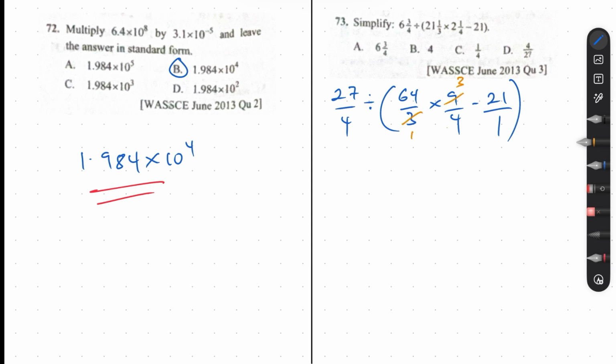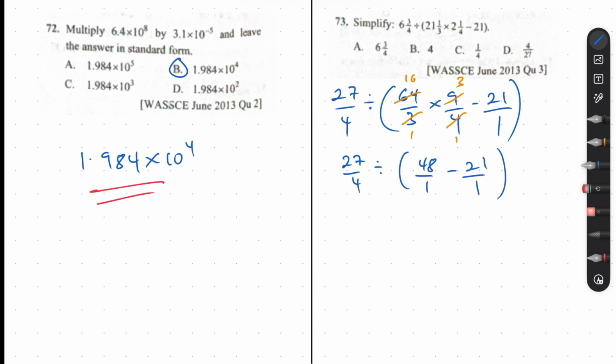Cool. 4 goes here once and goes here how many times? 16. Okay, all right. So now what are we left with? We are left with 27 over 4 divided by, let's put our bracket, 16 times 3, which will give us 48 over 1 minus 21 over 1.